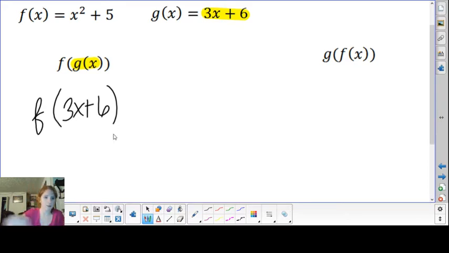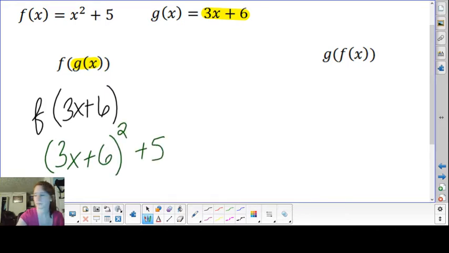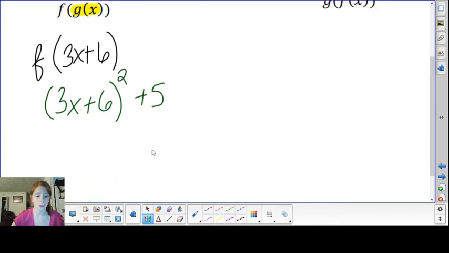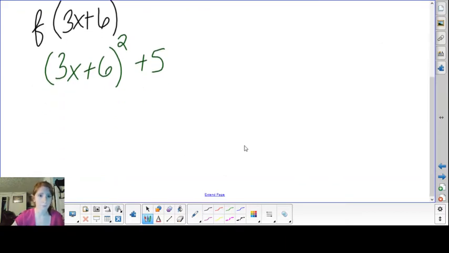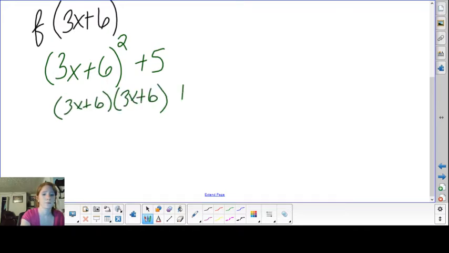My f of x here is x squared plus 5. So yes, we're going to square this guy. I have to do the multiplication first.